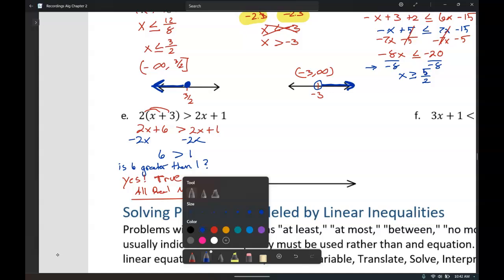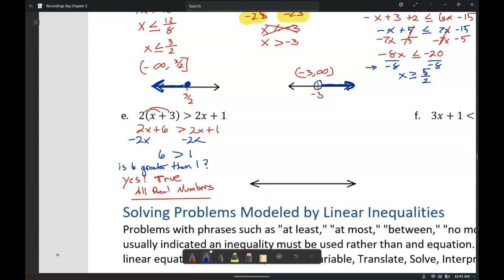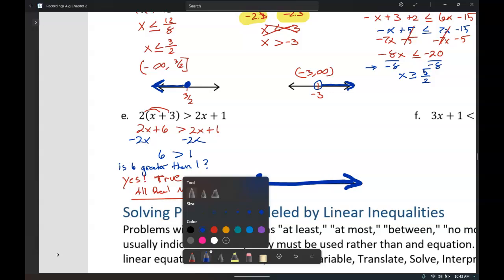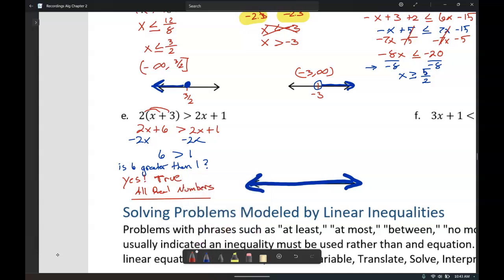We take our number line and we shade in everything. Our solution set is everything on that number line. And then how do we write it in interval notation? Well, if it's all real numbers, the lowest value in the set of all real numbers is negative infinity, and the highest is positive infinity. So negative infinity to positive infinity is the interval notation that represents all real numbers.